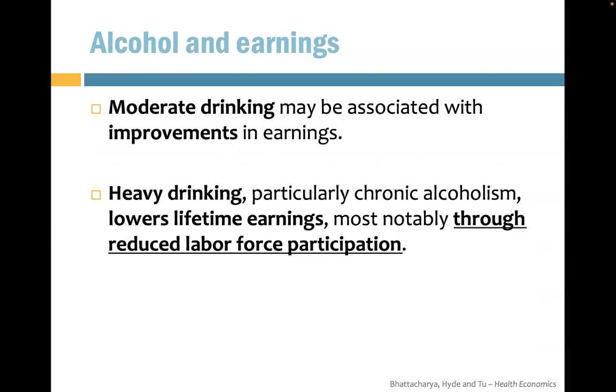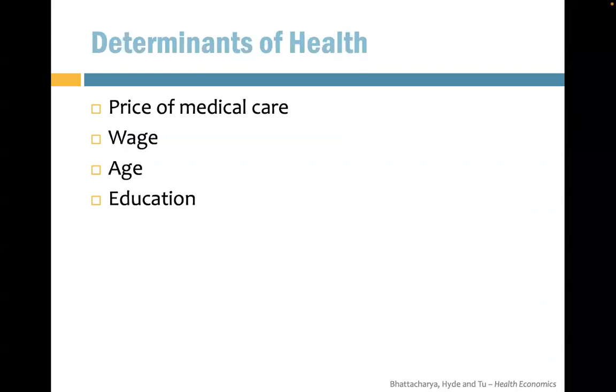From all of this evidence, we came to the conclusion that there are several determinants of health. There's the price of medical care. When we try to maximize our decision on medical care, we look at marginal utility for medical care equal to marginal cost, which is the price of medical care.